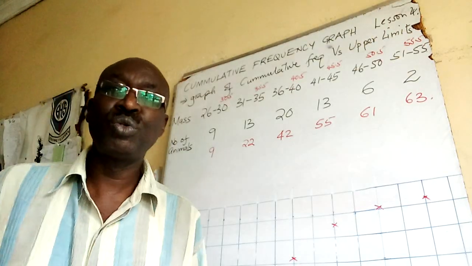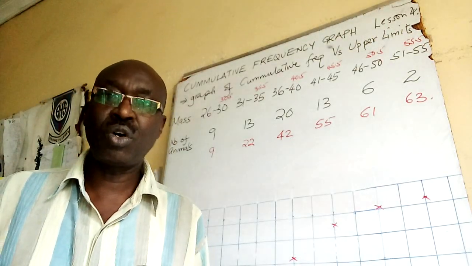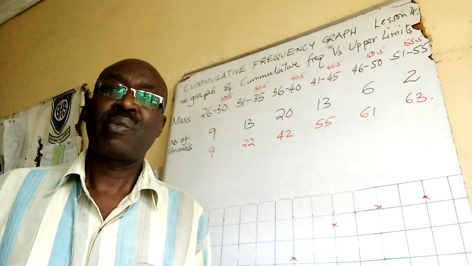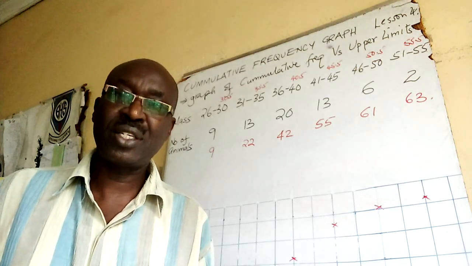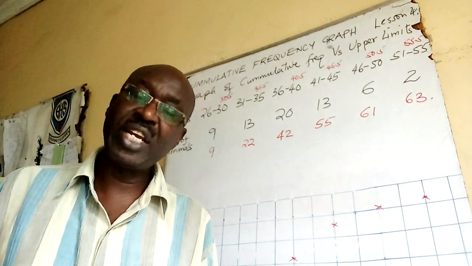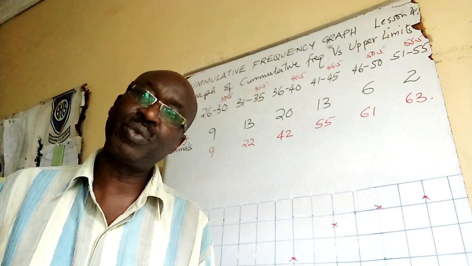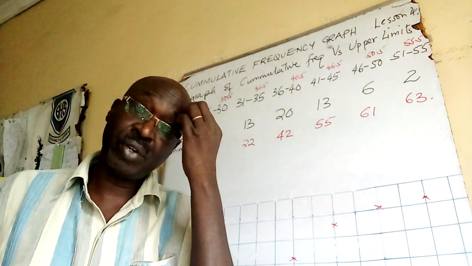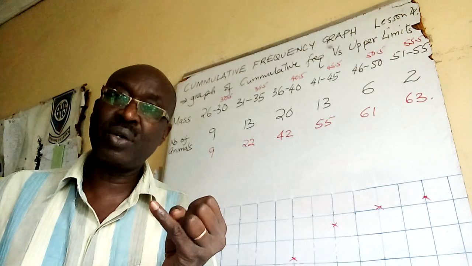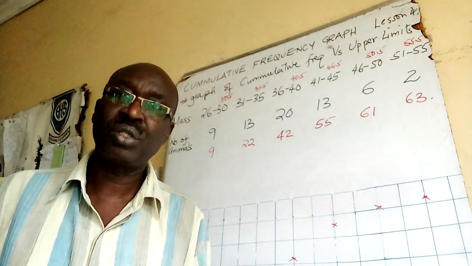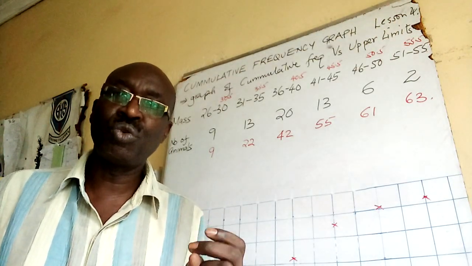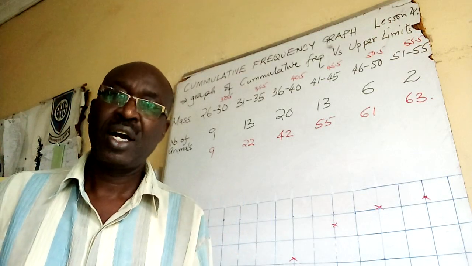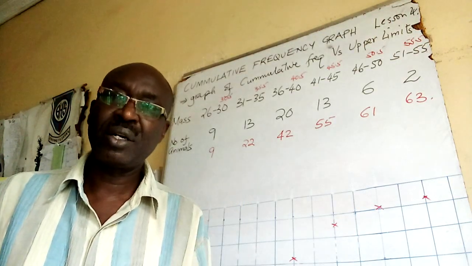Welcome to our lesson on median. This is the last lesson: median from a cumulative frequency graph. In lesson 1 we did just the introduction. In lesson 2 we used the formula to calculate the median.